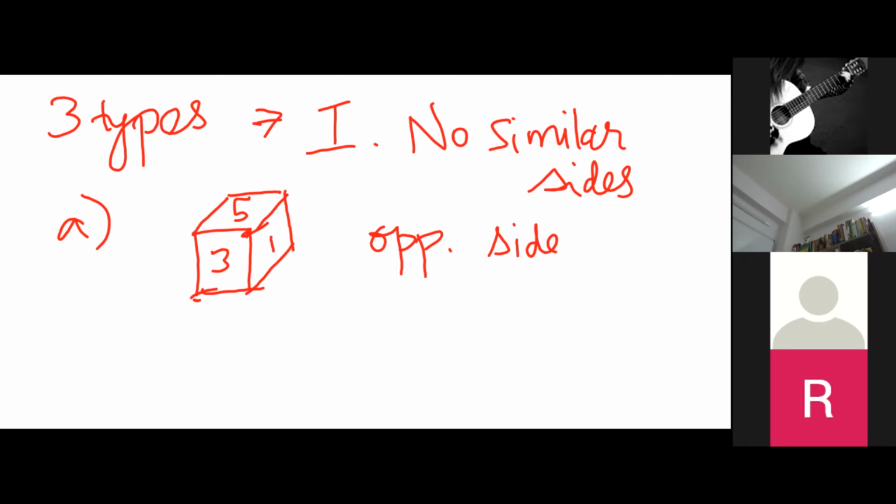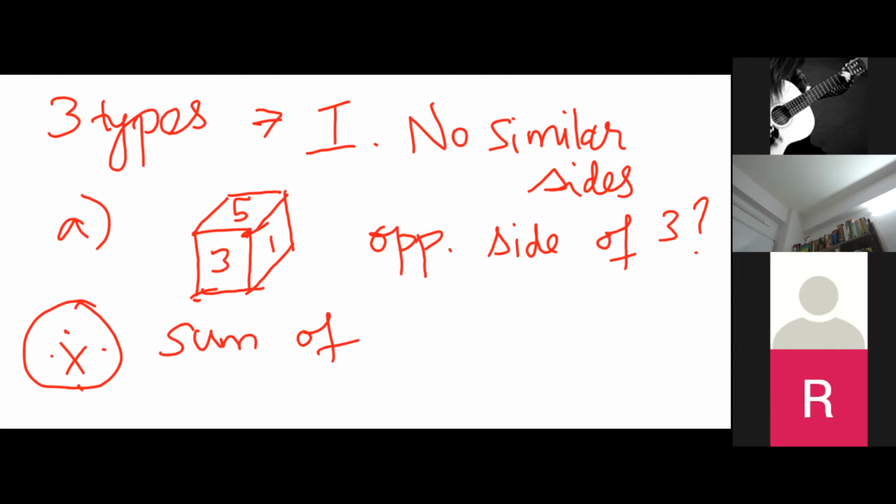How to solve this is very important. Note this point and keep it. Sum of the opposite sides is always equal to 7. This is the trick for these types of sums.